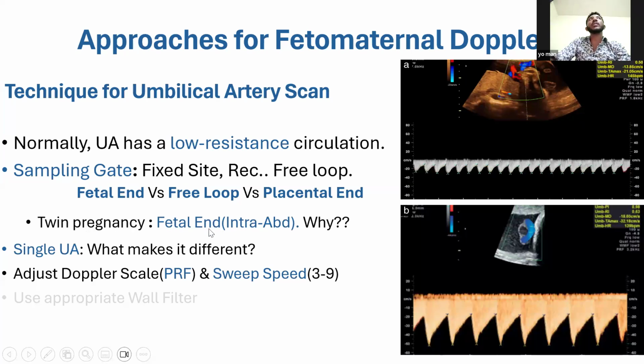In twin pregnancy, the recommended site is intra-abdominal. Why? Because in twin pregnancy, especially monochorionic or dichorionic, you can't identify which umbilical artery is for twin A or twin B. You can't identify which is which, so the recommended site is intra-abdominal.